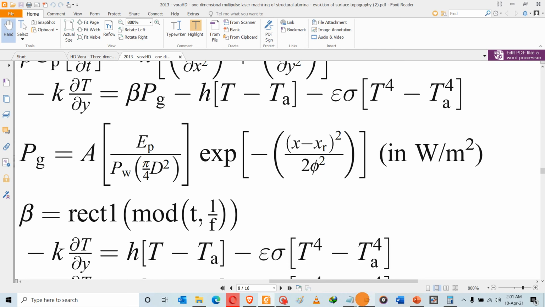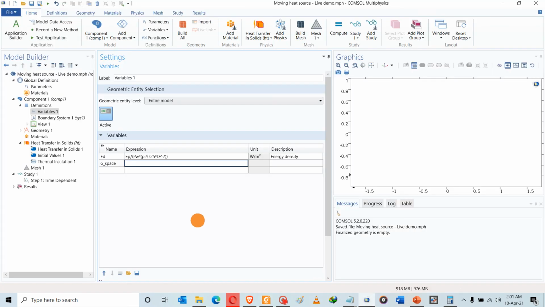So let me just write x minus xr first. We have those terms defined. I'm going to square that. I'm doing this on purpose because it is always tricky to write this properly with a lot of brackets.